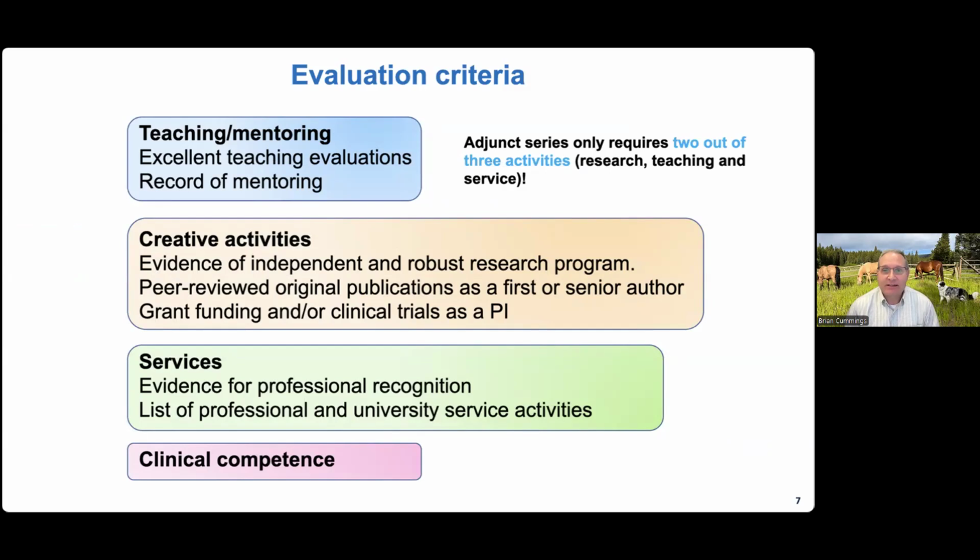If you're in the Senate category, this is your research program, your federally funded, hopefully, research program, your production of peer-reviewed publications. And then everyone is also reviewed for service to their department, to their school, to the campus, and then beyond the campus to professional recognition nationally and/or internationally. If you're in a HS clinical series, you're also evaluated on your clinical competence.